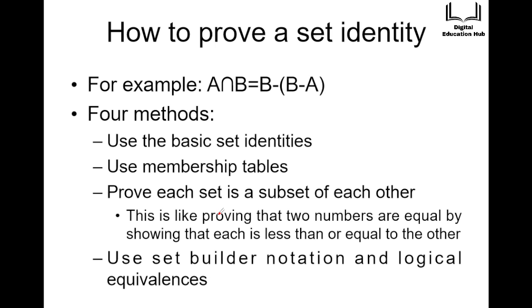Or the fourth way is to utilize the set builder notation and logical equivalences to prove them. So we are going to study this particular set identity in the next session, and till then we can wind up this particular session. So this would be the part.